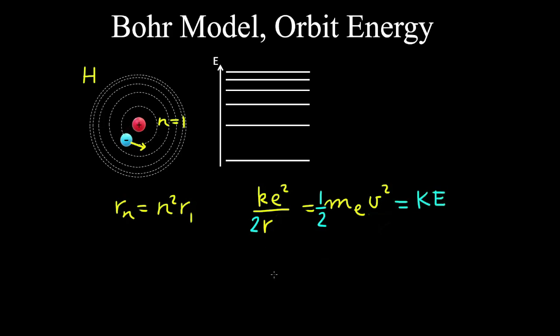And therefore the total energy of the orbit is equal to the kinetic energy plus the electric potential energy.